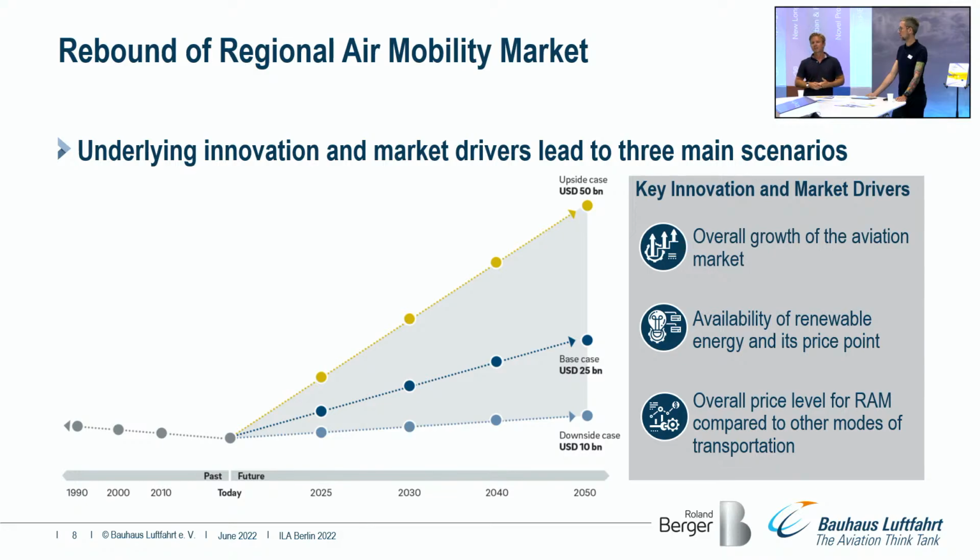The second one is we need to have available green energy at an affordable price point. And the last one is that the regional air mobility transport option obviously needs to be comparable to alternative transport modes. So we took a look at the overall market. How big could it be? How big could it evolve in the future? And we divided it into a base case, a downside case, and an upside case.